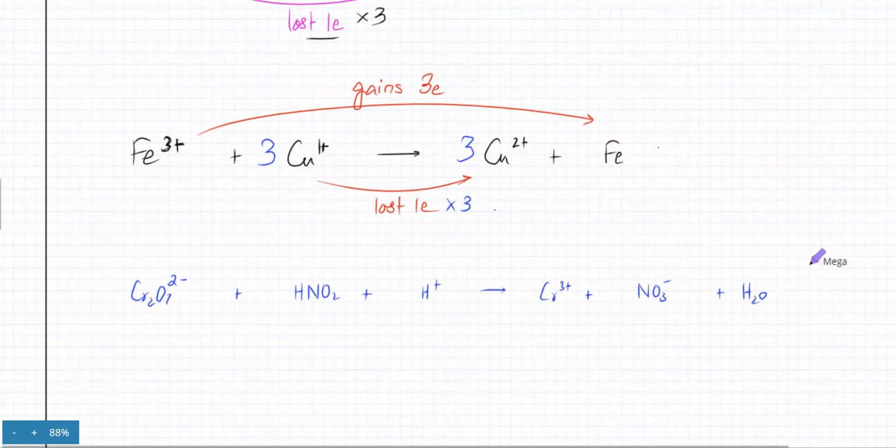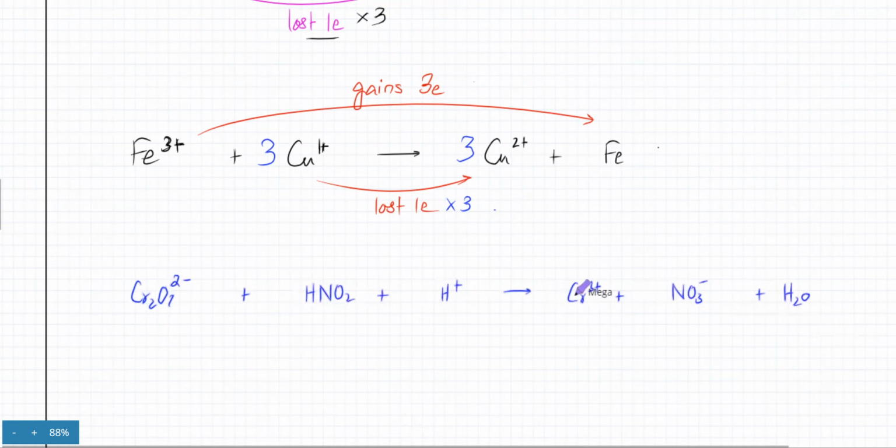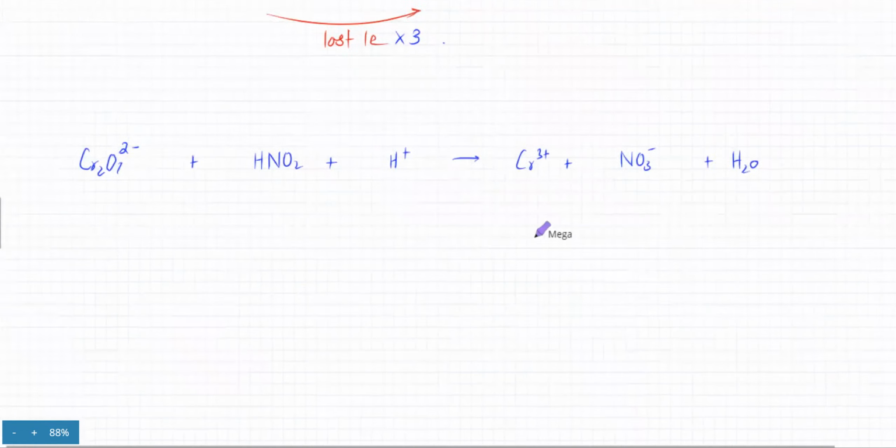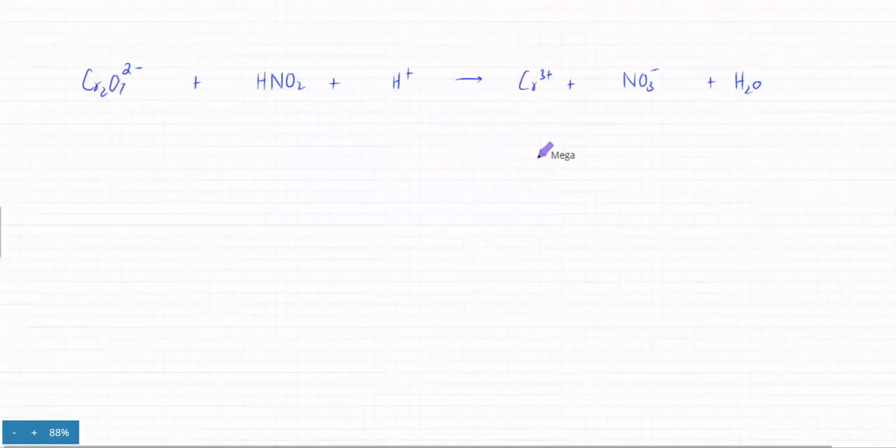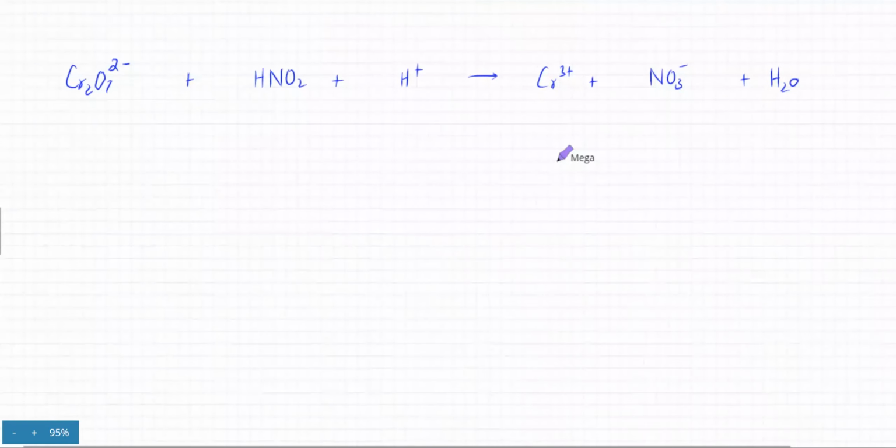Now try doing exactly the same thing. The only difference is they didn't give you the charges. So can you first tell me the charge on each of the elements, especially the ones that are getting oxidized and reduced? What is Cr in the first one? Plus 6. H and O you already know.